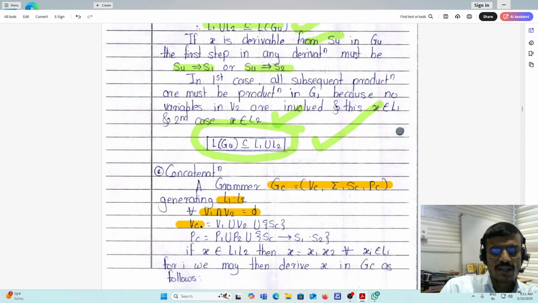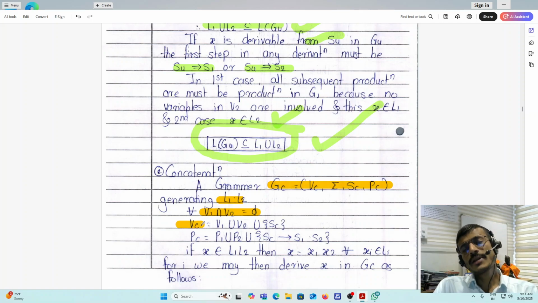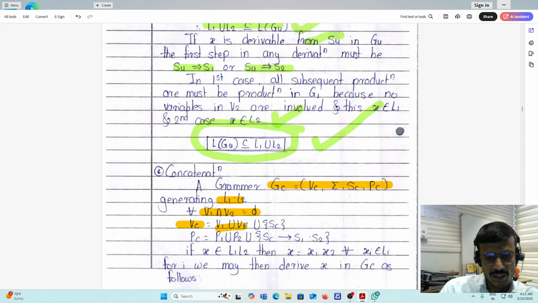Then V_C means the non-terminal symbols after performing the concatenation operation, and it will be V1 union V2 union S_C. That is very important. These terminologies have to be written in the examination. And what is meant by P_C? All the productions from P1, all the productions from P2, union S_C tends to S1 dot S2.